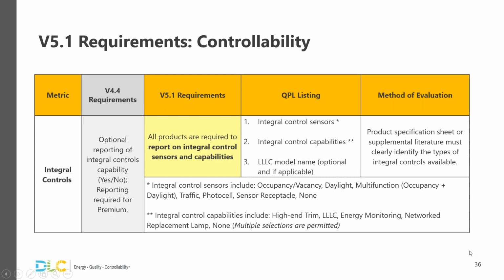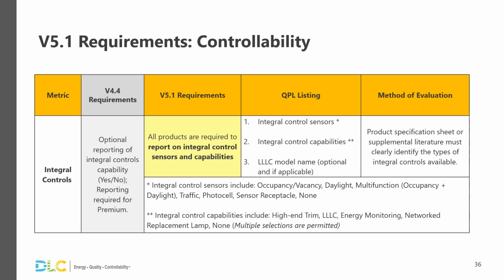In addition, the level of detail that's being reported is much richer than what was provided under 4.4 and 5.0. Previously, it was just a yes or no indication that the product could be ordered with integral controls.